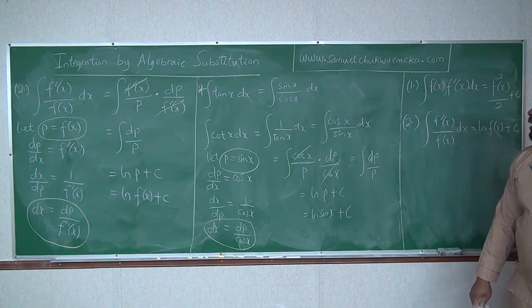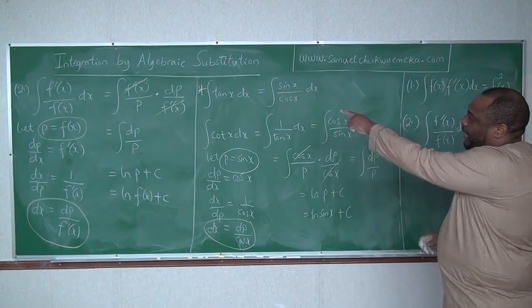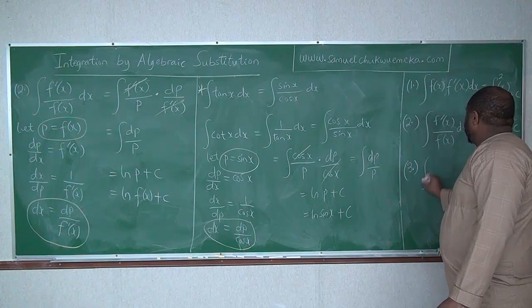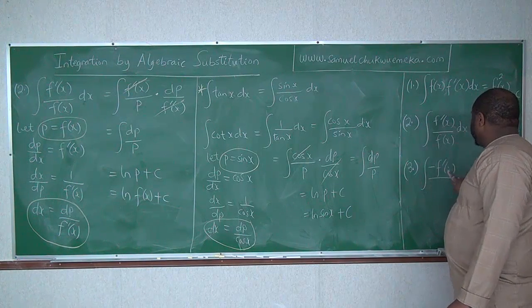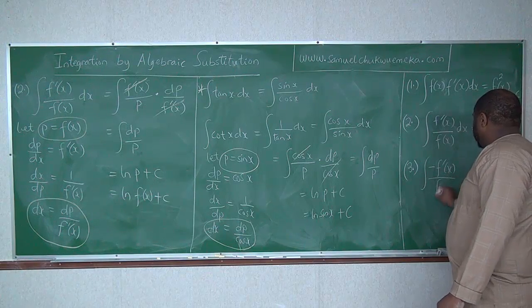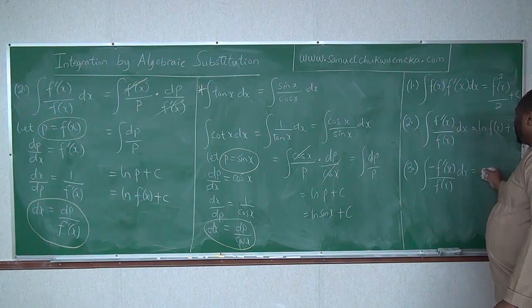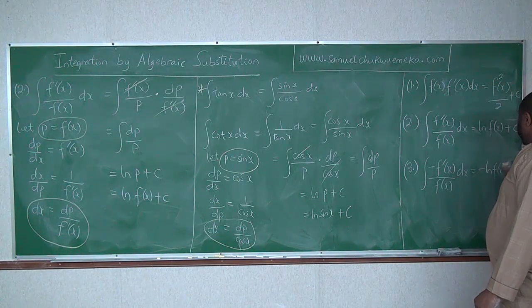And then we will now do this one. If you have something like negative f prime of x over f of x dx, then you just have negative ln f of x plus c.